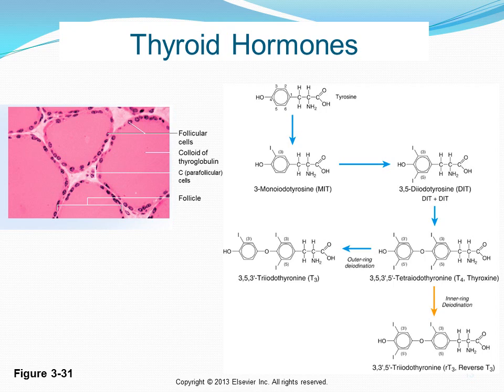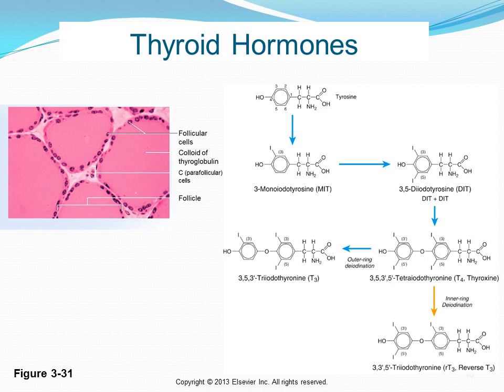Here we have the thyroid hormones, and these are a type of steroid hormone that does have a thyroid binding protein that allows for the thyroid hormone to be transported in the blood. It is produced in the image to the left there. It's produced by the follicle cells using the colloid, the thyroglobulin, which we'll look at in a moment.